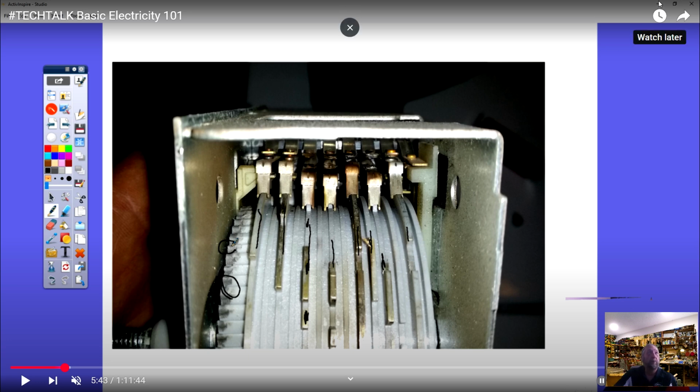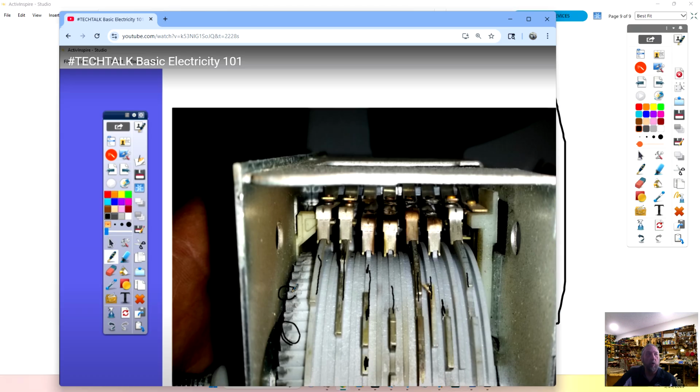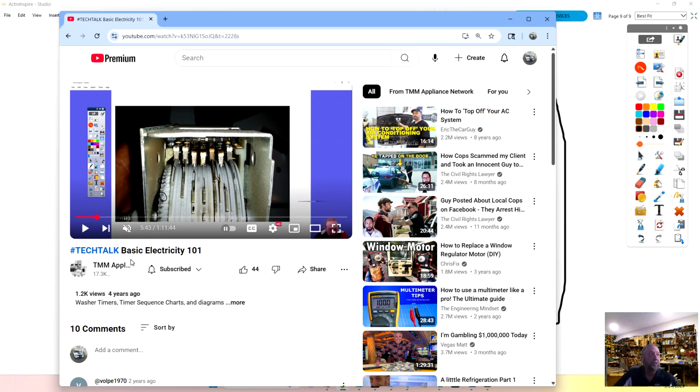I'm going to recommend that you watch this video on our channel for the next class to explain in more detail this timer sequence chart. Then I can move on and use some comparisons to other machines, similarities in how Maytag, GE, and Whirlpool all do the same thing on these motors.